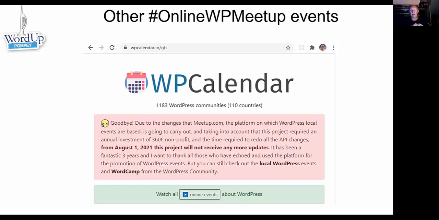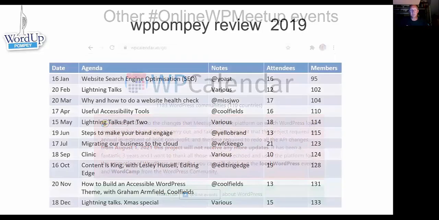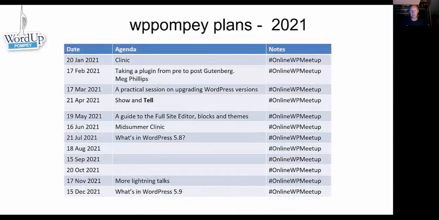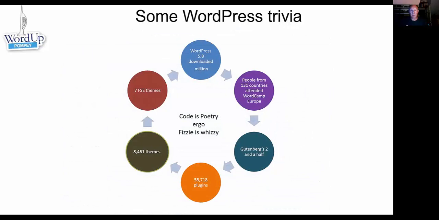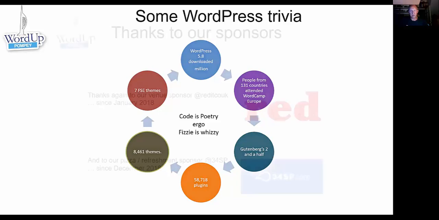I was looking at WP Calendar to find out what was going on in other places, and lo and behold, they're going to stop running this business because they're having to pay money to meetup.com in order to get the information out, which is a bit of a shame. So we'll have to find the information about other events in another way. Don't leave that because it's all out of date.